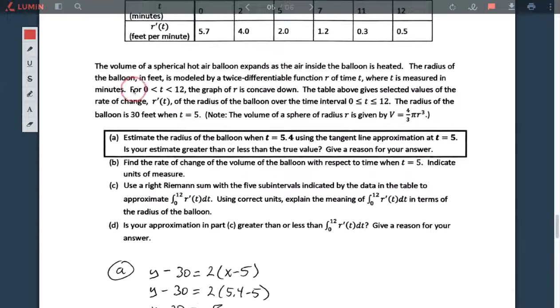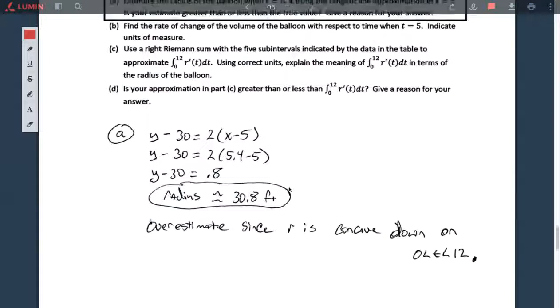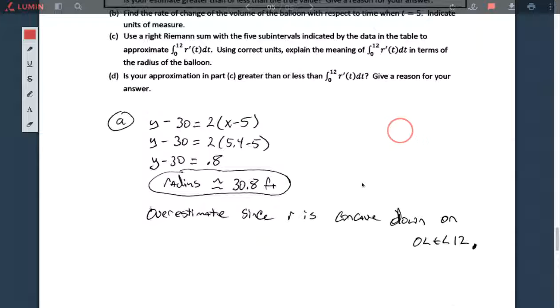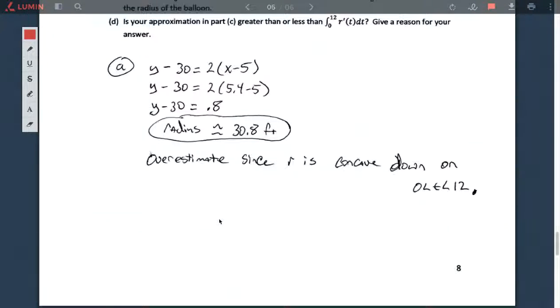And if you read here, it says between 0 and 12, the graph of R is concave down. So if I am concave down, that means my tangent line is above the actual function. And that's why I've written that we're dealing with an overestimate. So remember, concave down, you're going to have an overestimate. Concave up, you're going to have an underestimate.